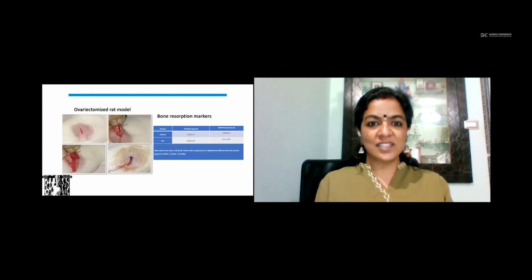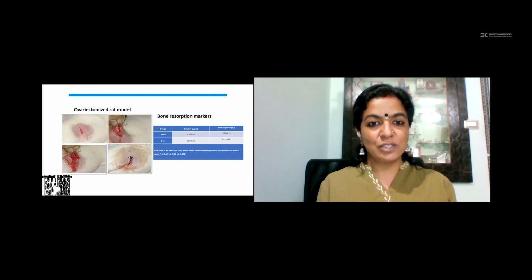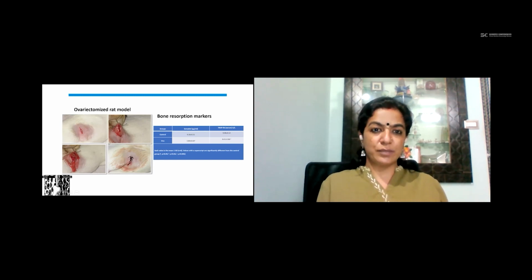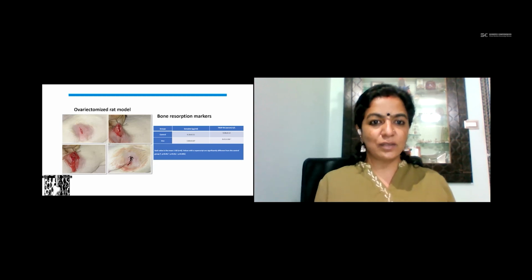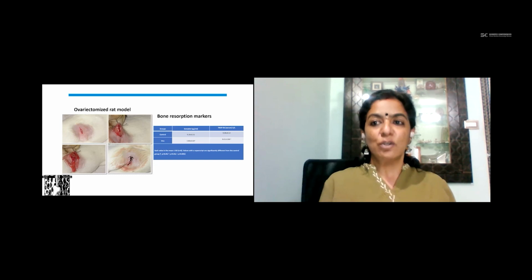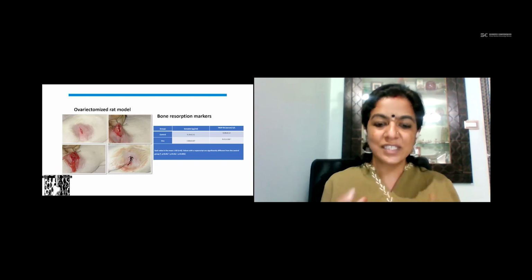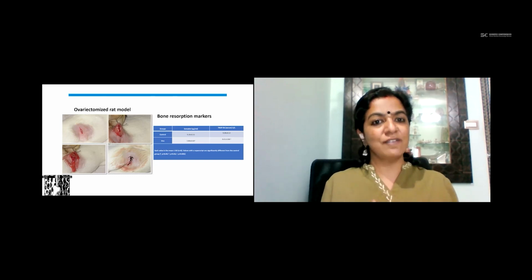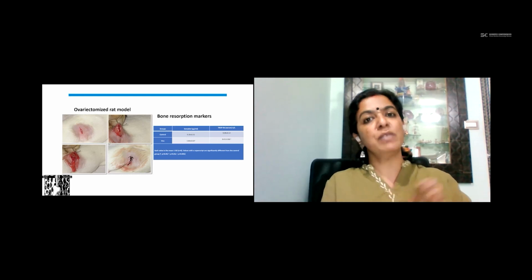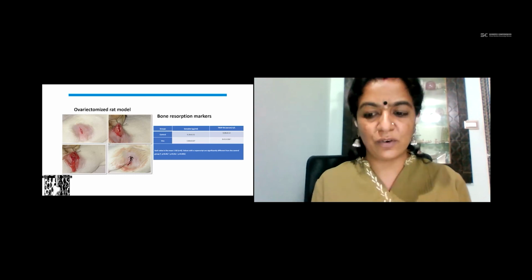So, just to design that osteopenic model, what we have done is ovariectomy. Ovariectomy, as we all know, is just the removal of ovaries, so as to create the ovariectomized rat model, which is the basis on which I have chosen this model, to create a model which should be more like the osteopenic model.